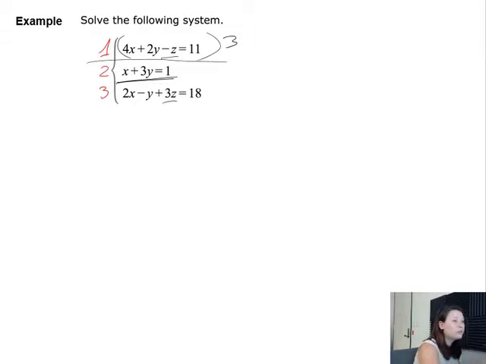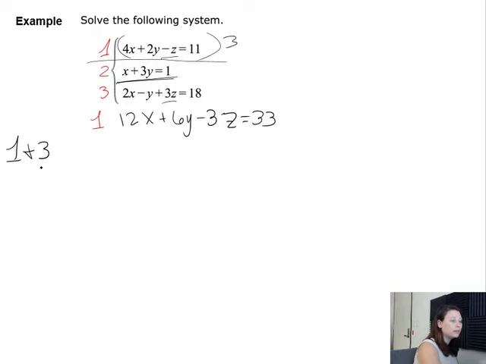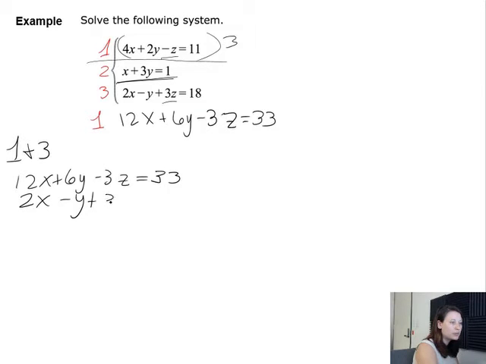So our second version of 1, basically, is 12x plus 6y minus 3z is equal to 33. Right? So now we're going to take 1 and 3, so that's 12x plus 6y minus 3z is equal to 33, and 2x minus y plus 3z is equal to 18.